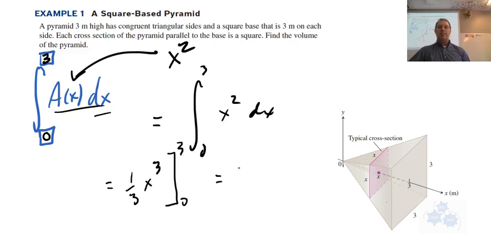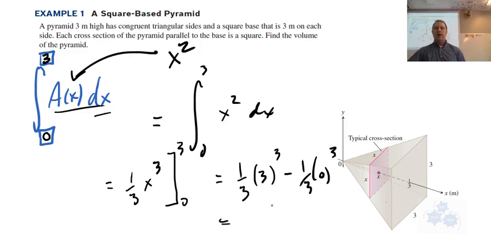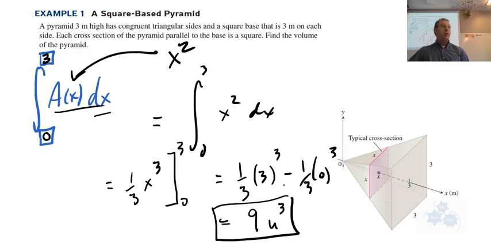Which one do I use, 0 or 3? We do 3, minus 1/3 times 0 cubed. So we have 3 cubed is 27, over 3 is 9 units cubed. Okay, so you see how we've got that?